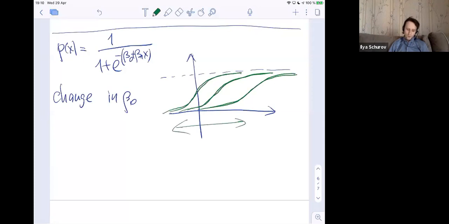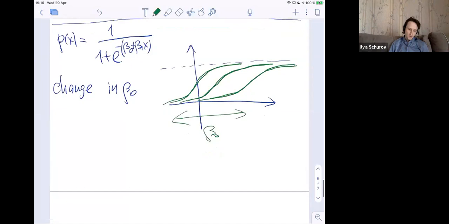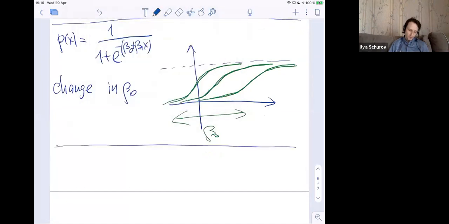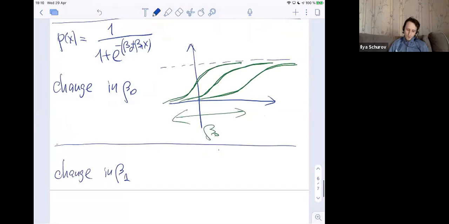So this is beta naught. Beta naught shifts this curve to the right or to the left. And we have the second parameter, beta 1. What do you think beta 1 should do?